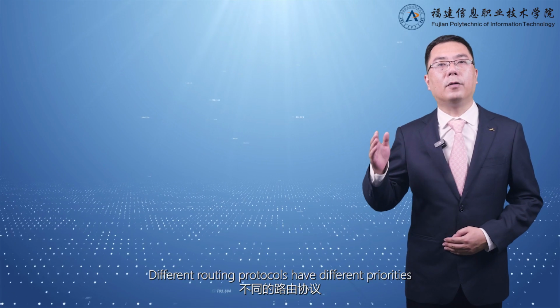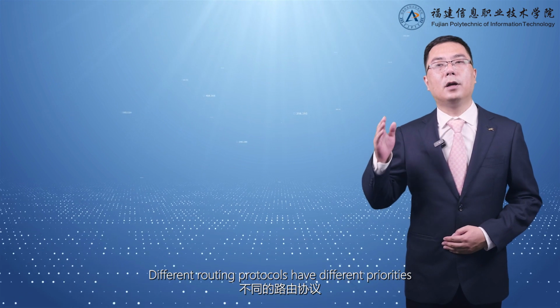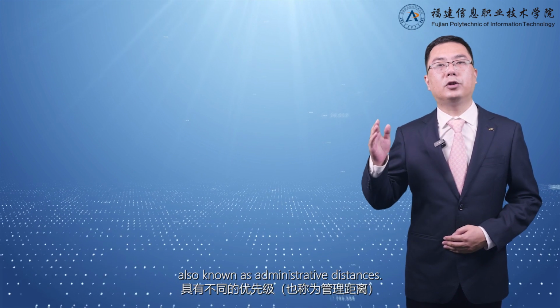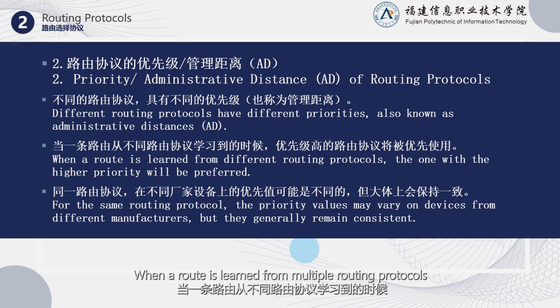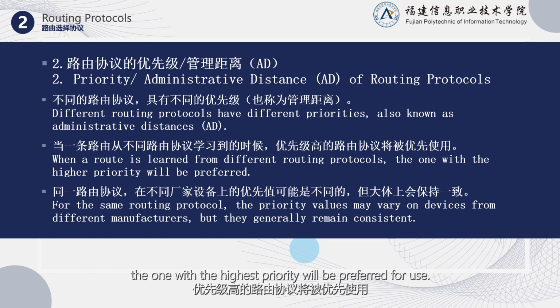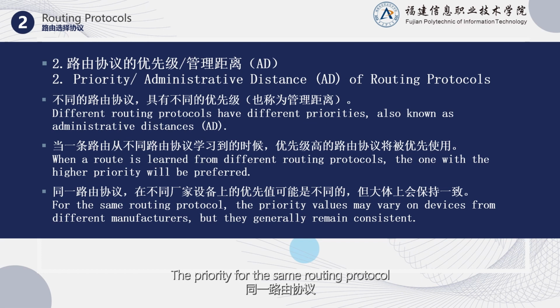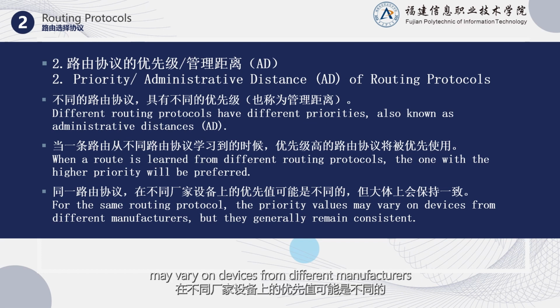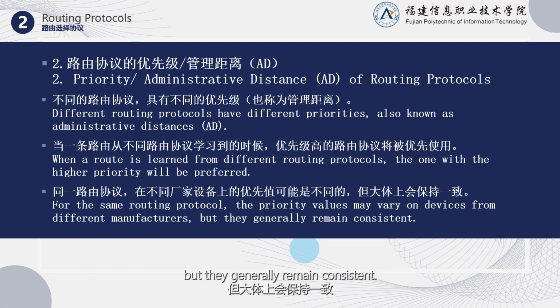Different routing protocols have different priorities, also known as administrative distances. When a route is learned from multiple routing protocols, the one with the highest priority will be preferred for use. The priority for the same routing protocol may vary on devices from different manufacturers, but they generally remain consistent.